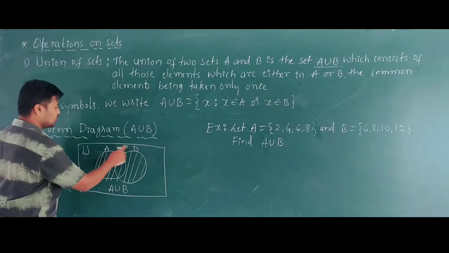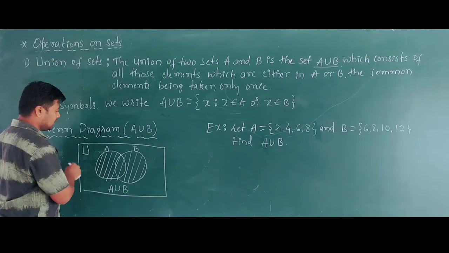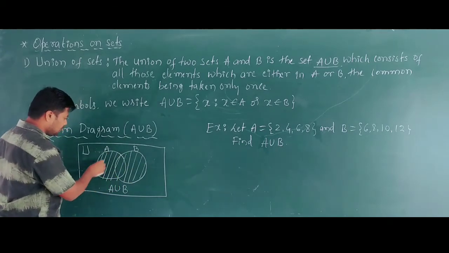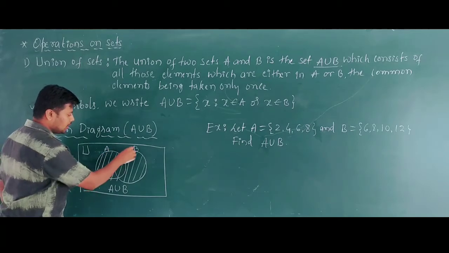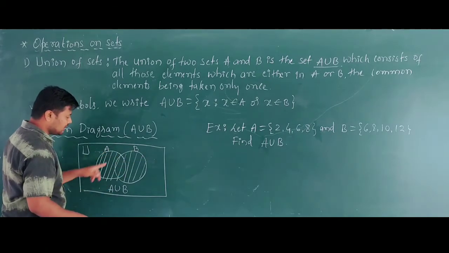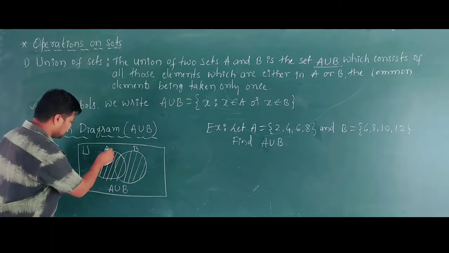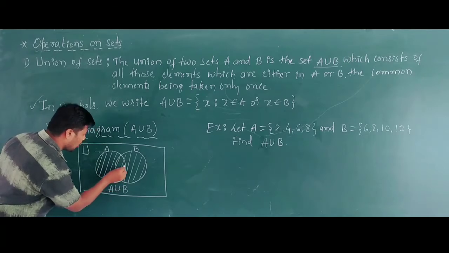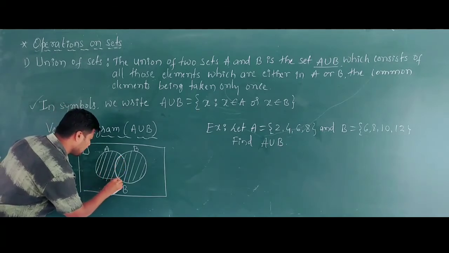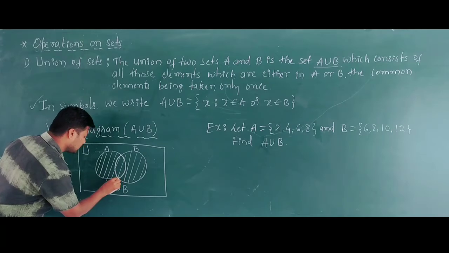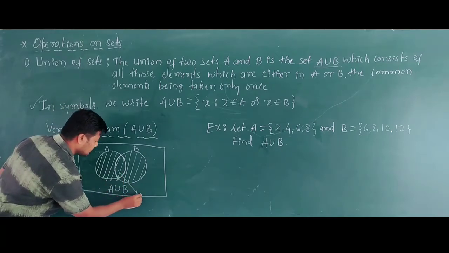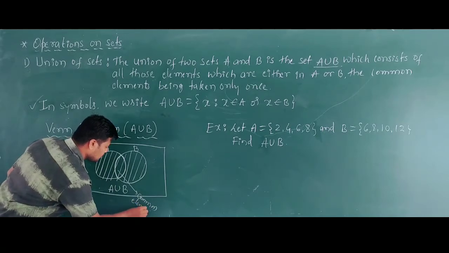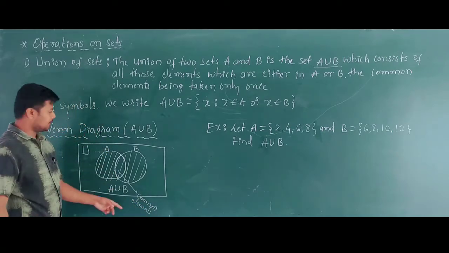So these are the two sets, subsets of the universal set: set A and set B. This shaded region is A union B. The shaded region is the A union B. Clear? So here we will write common elements. In this area we write common elements, common elements for both A and B.